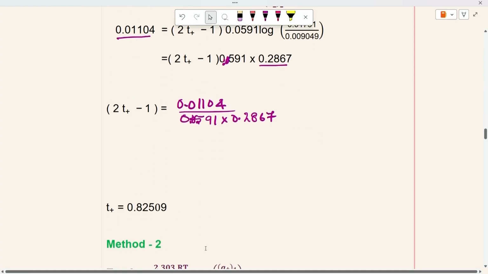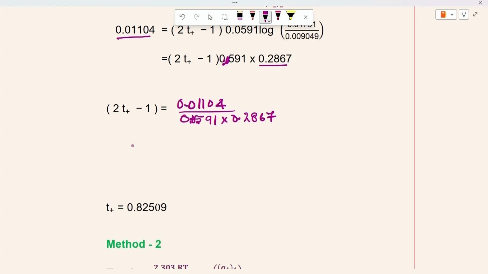Finally, 2t plus is equal to 0.01104 divided by 0.0591 into 0.2867, and the minus 1 comes over here and becomes plus 1.